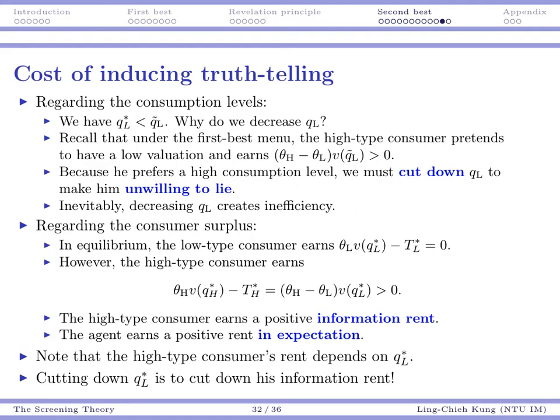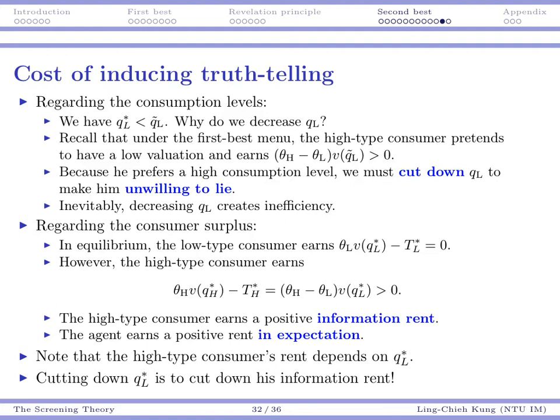So we have two observations now. At the low type, the quantity becomes smaller, and the low type consumer gets nothing, but the high type consumer can still get something. Finally, note that the high type consumer's rent depends on Q star L. So all we want to do is to cut down the information rent obtained by consumers.